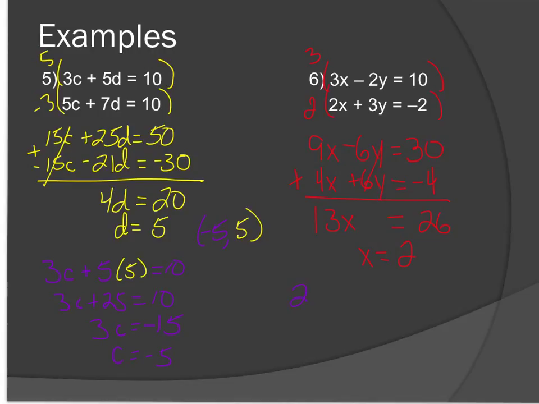So 2 times 2 plus 3y equals negative 2. 4 plus 3y equals negative 2. Then I subtract 4 and get negative 6. Divide by 3, so y equals negative 2. So my ordered pair, 2, comma, negative 2.